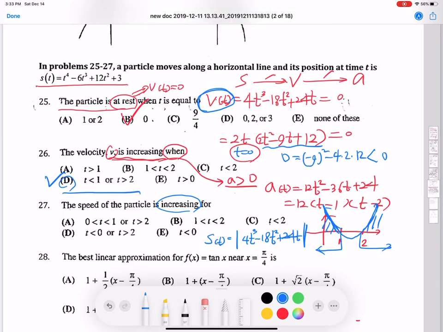Okay? And then think about whether velocity is always positive, right? We found when t equals 0, that velocity was 0. If t is greater than 0, like 1, or 2, 3, 4, 5, that is always positive.